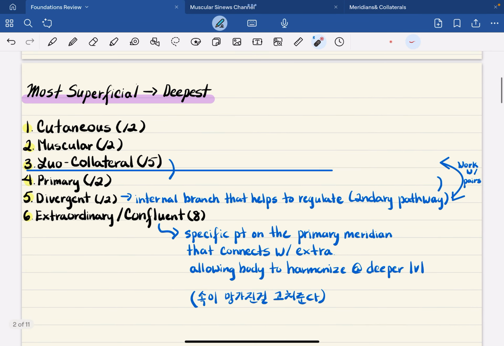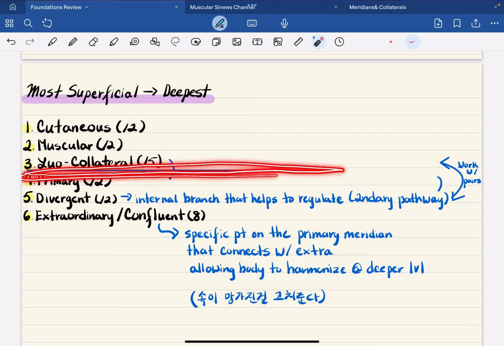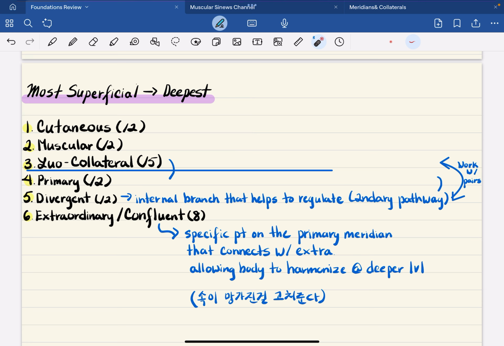Now we're going to go from the most superficial to the deepest layers. There's a reason why I put this line here. I see this as the imaginary line that divides the superficial and the deepest layers. So the most superficial layer, cutaneous, is considered to be the skin region. And then it's the muscular. Under the skin there's muscles. And then the luo.